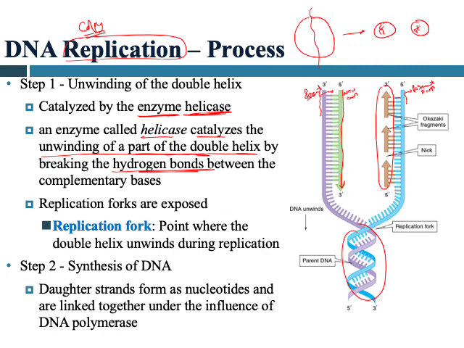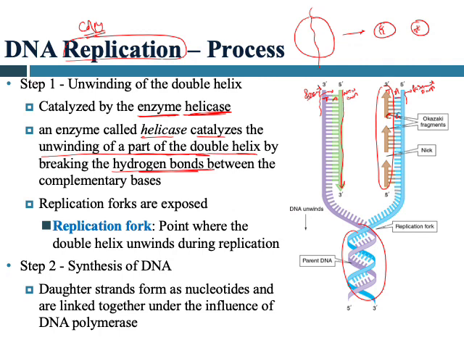So if this parent chain has adenine, then the daughter or new DNA should have thymine, right? If you have guanine in the parent chain, then your daughter should have cytosine, C, because DNA strands are complementary, right? Similarly, over here, if this is thymine, then your new DNA should have adenine corresponding to thymine, right?